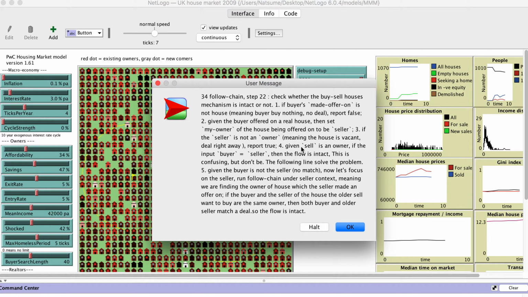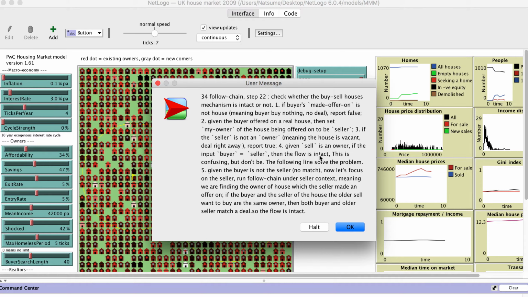Right. So now, how about if the seller is an owner? There is a seller for the house to be sold. For the house has been offered and has been given an offer. If that's the case, and if the buyer and the seller are the same person, same household, then the chain, the flow is intact.